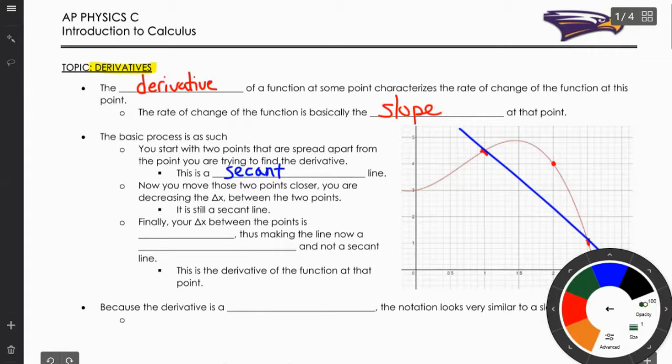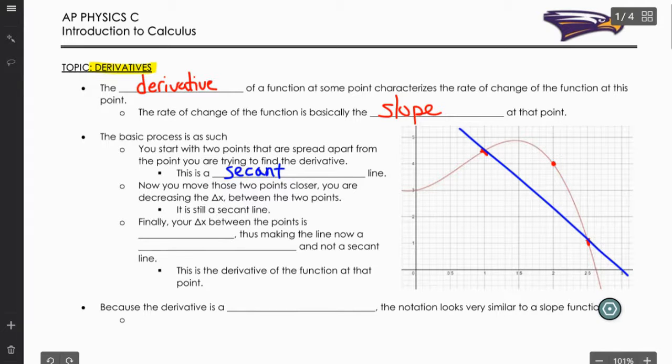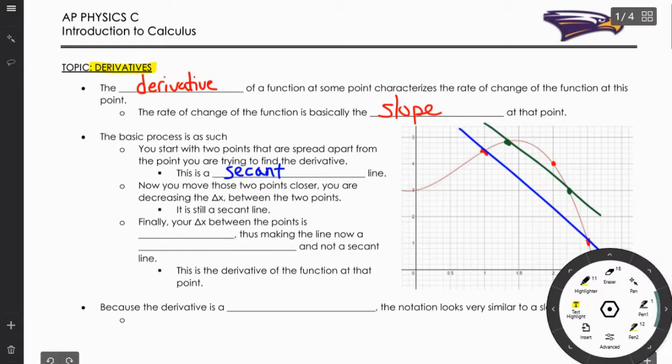So now this gives me an estimate, right? And now I just take 2 more points. And what you'll notice is that the difference between the 2 points is now smaller. And now I'm starting to get a more accurate slope, right? So these 2 points now are decreased.